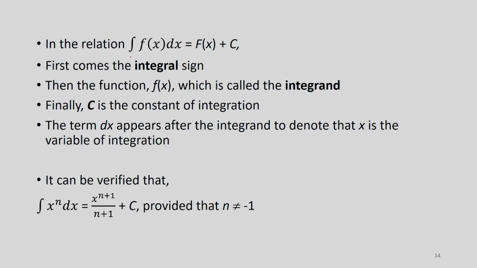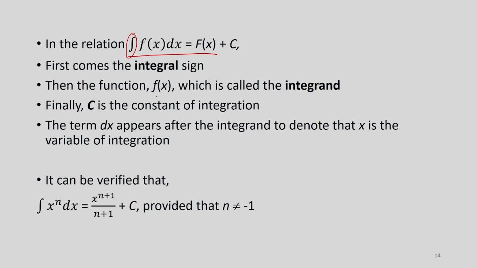So, in this relationship, integration of f(x) dx is equal to capital F(x) plus c, what is the pattern that one is following when writing the indefinite integral? First comes the integral sign, which we have talked about. It looks like an elongated S. Actually, it comes from the letter S, and S stands for summation.